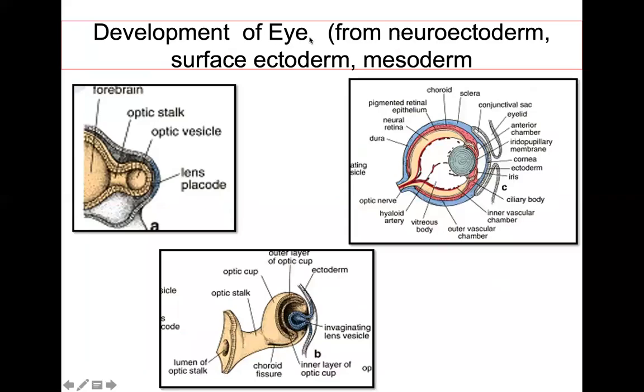Now, the structures of the eyes usually come from the neuroectoderm, the surface ectoderm, and from mesoderm origin. Again, from the forebrain of the diencephalon, you have the optic stalk and the optic vesicles, which lead to these specific structures.